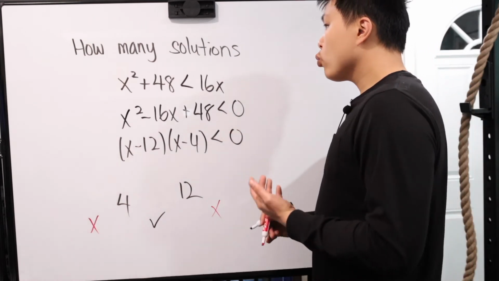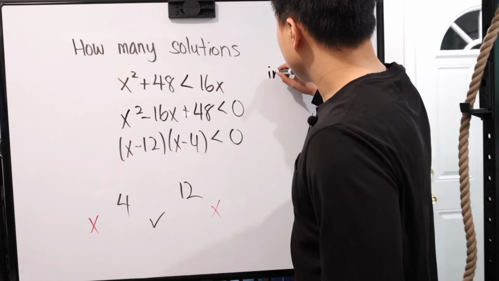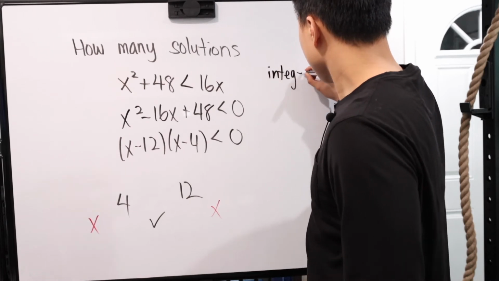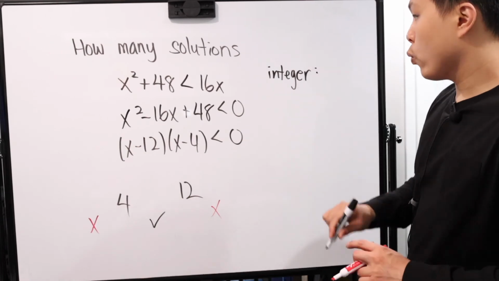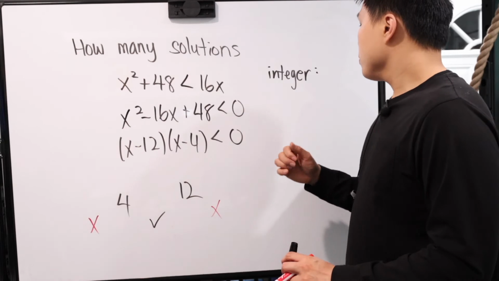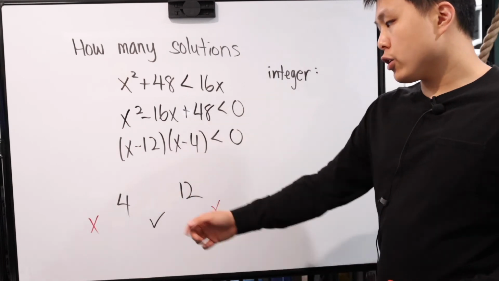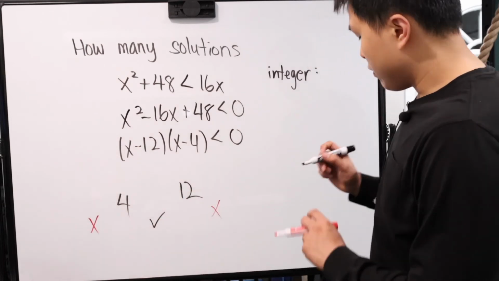Now, here's where it is. Sometimes they will say how many integer solutions, right? Integer solutions that actually work for this polynomial inequality. So here's the thing. Integer solution, then you're going to count, right? 5, 6, 7, 8, 9, 10, 11. That's 7 of them.